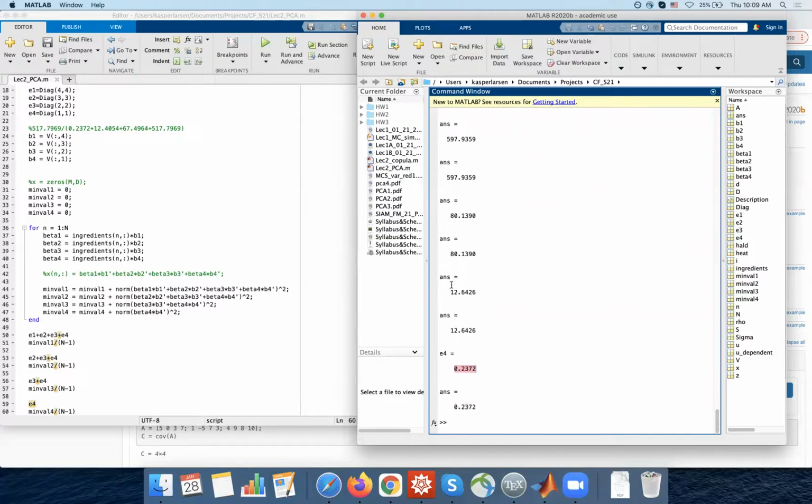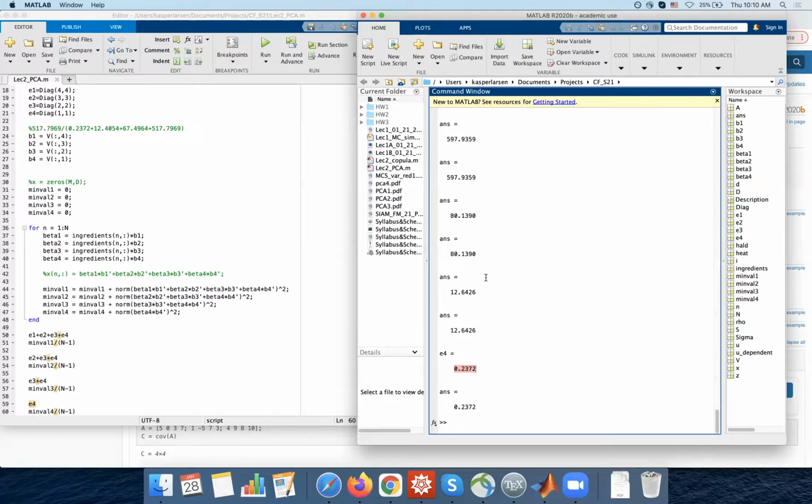The second one up, this is this 12. And the second one up, this is going to be where I'm using 2 eigenvectors to approximate.